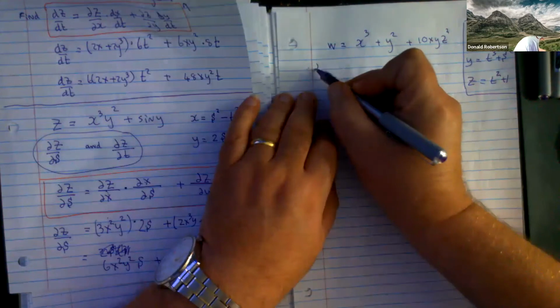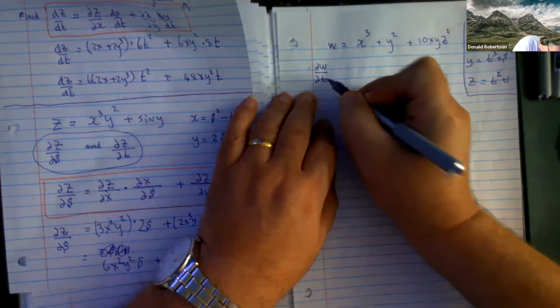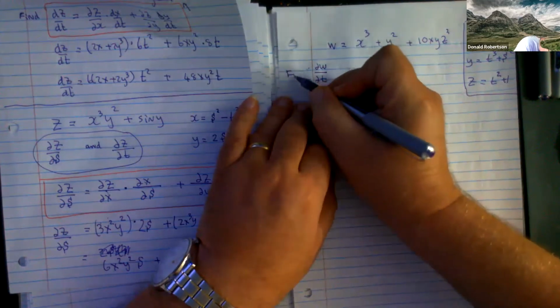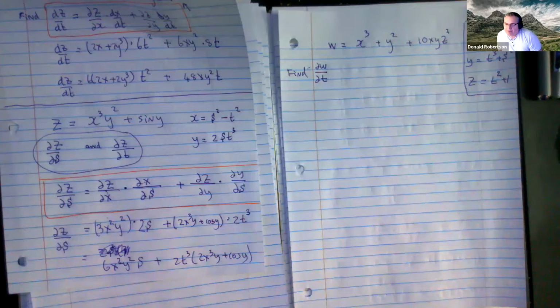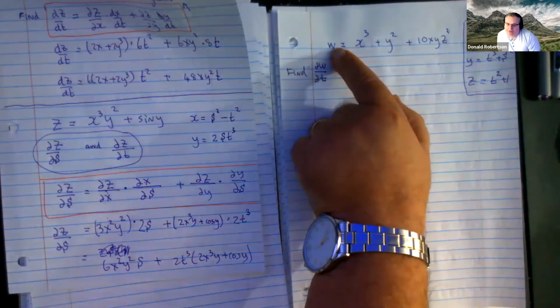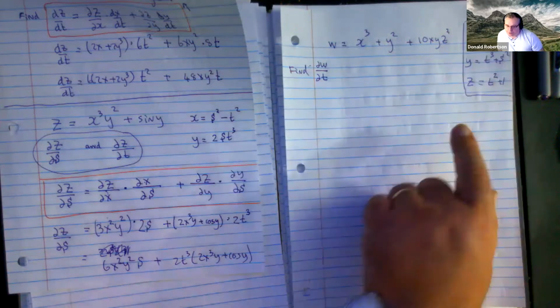So now we need to create that guy, because the question is going to be find dw by dt. We're going to find the partial derivative of this function with respect to one of these 2 variables, and I've chosen t.